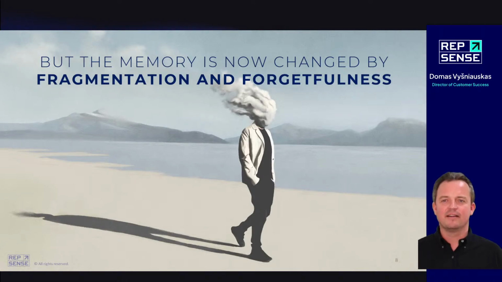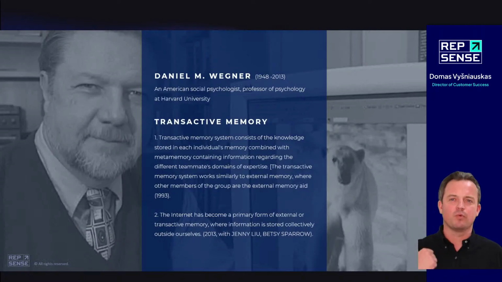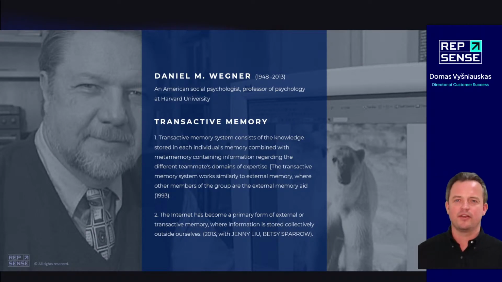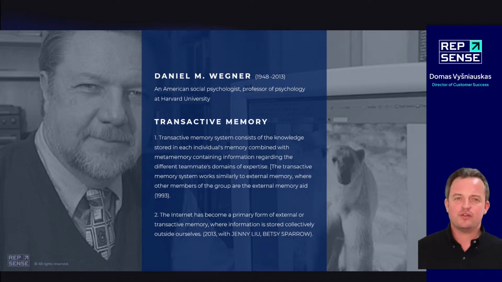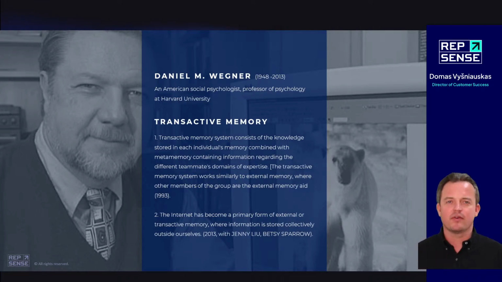And now I want to talk about Daniel Wegner's theory of transactive memory. This theory suggests that individuals rely on others or big groups of people to remember information. The shared information system enhances overall group performance and efficiency. Essentially, the theory proposes that groups can collectively remember more than individuals on their own.